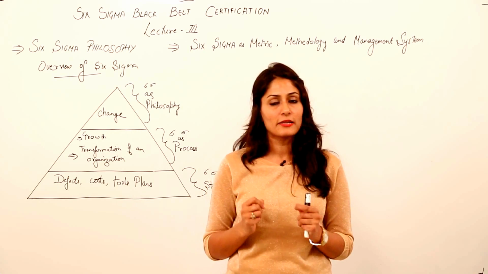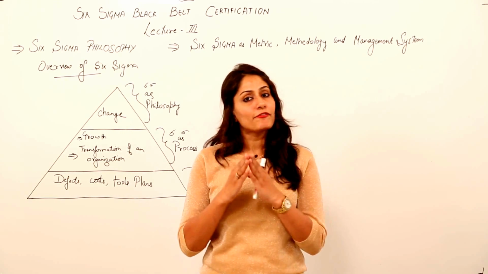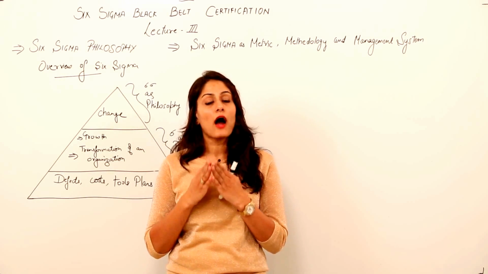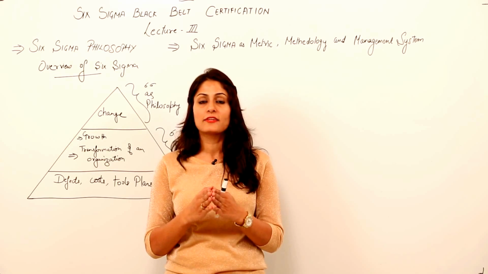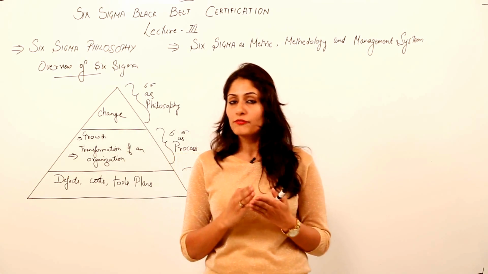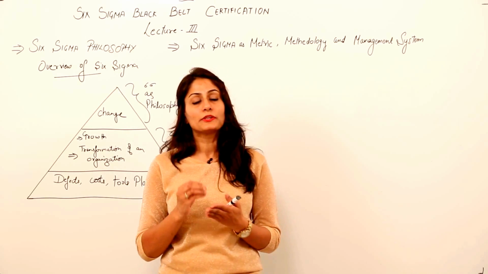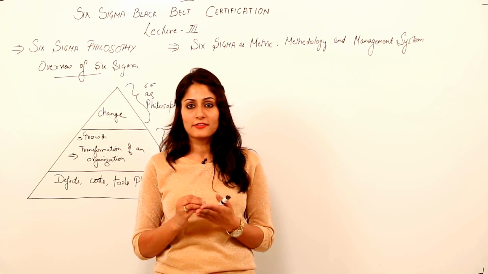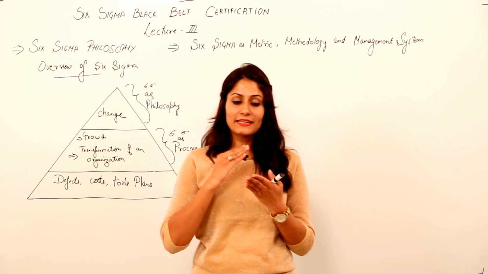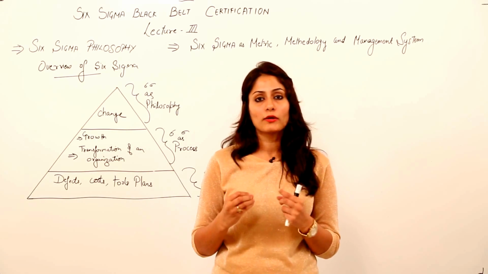Now I would go back to my wording where I said that variation is the root cause of performance limitation. Why? If there is variation in our products and services, this means they are not of good quality, and this variation is not helping us to produce good quality products and services. It's a restriction in our quality.